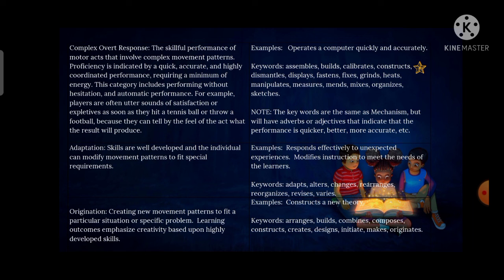And I think this is the last part. This is the last category. The origination. This is creating new movement patterns to fit a particular situation or specific problem. The learning outcomes here emphasize creativity based upon highly developed skills.